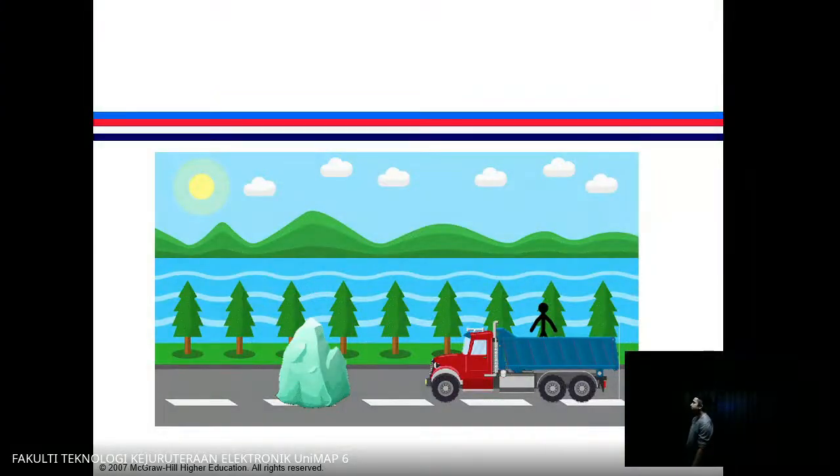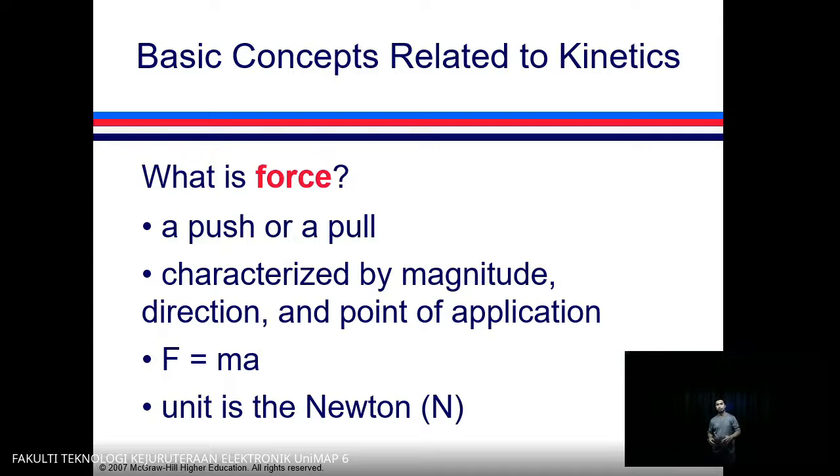And then we have also force. This is just a definition for you. Again, it is just a revision. What is force? We have two types of force: push and pull. Push, tolak. Pull, tarik. The basic equation for force is force equals MA.